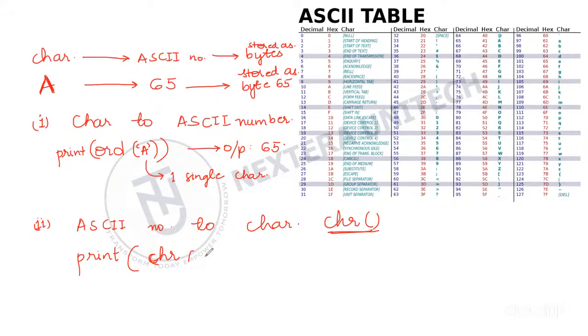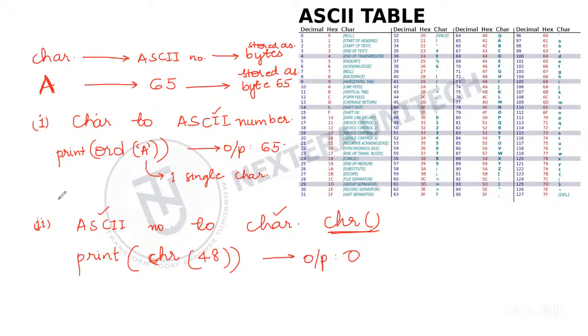So CHR of 48, if you see here, 48 is mapped to the 0 character, right? So the output I'll get is 0. So in this way, you can find what character has the ASCII number and what ASCII number is mapped to which character.